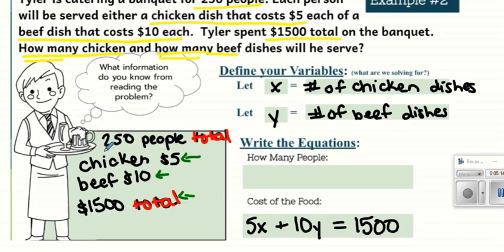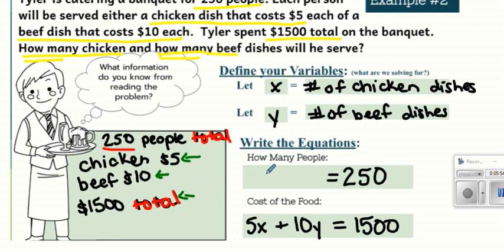The second equation is what I like to call the hidden equation. I only see one additional number in our problem. So how can I write this equation? Well, let's think about the context of the problem. We're trying to figure out how many chicken dishes and how many beef dishes we have, but we know that altogether there's 250 people at this banquet, or there's going to be 250 dishes served.